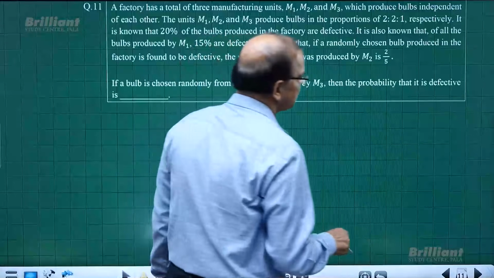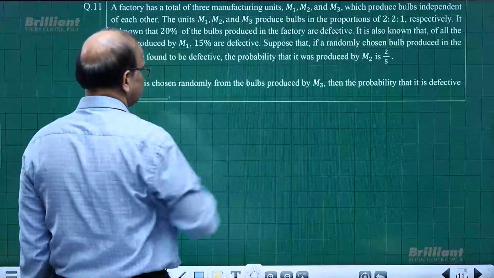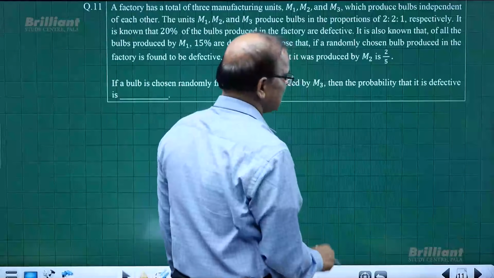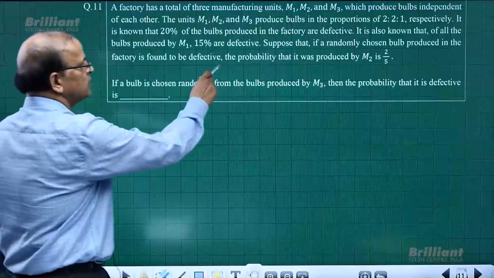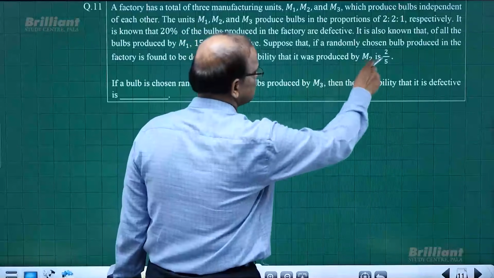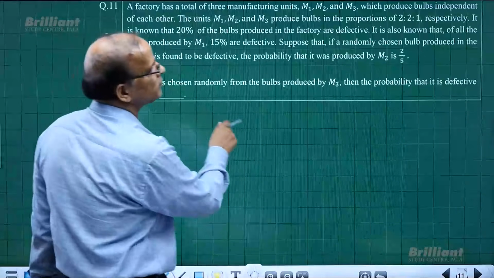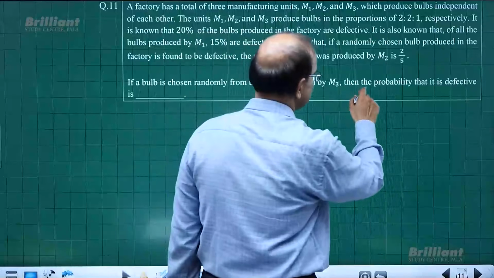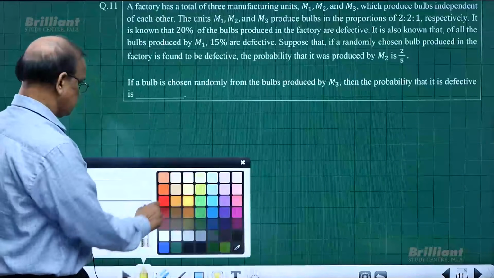It is also known that of all the bulbs produced by M1, 15% are defective. Suppose that if a randomly chosen bulb produced in the factory is found to be defective, the probability that it was produced by M2 is 2 by 5. If a bulb is chosen randomly from the bulbs produced by M3, the probability that it is defective is?